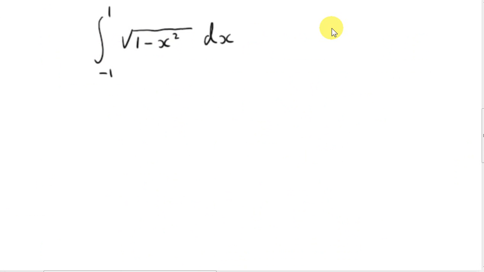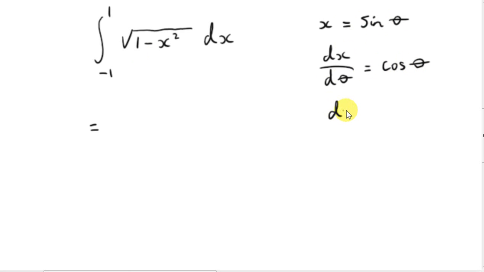So let's run through how to do that again. We use the substitution x equals sine of theta. Well, we could also use x equals cos theta, but I'll use x equals sine theta. If we differentiate x with respect to theta, we get cos of theta. So dx is cos of theta times d theta.